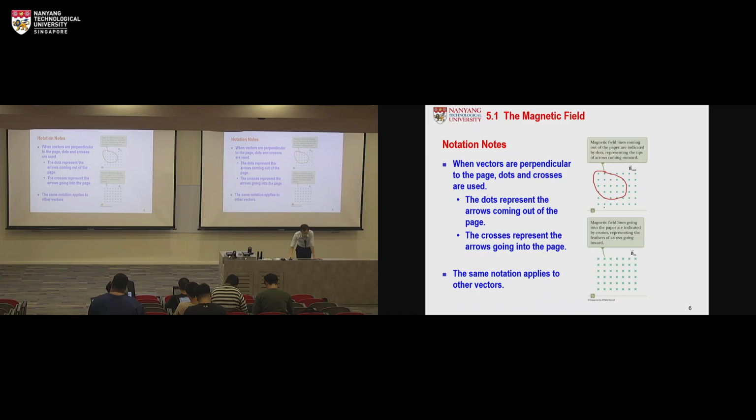If you see this array of crosses, it means a direction pointing into the page, also perpendicular to the page. This is just a convention we all follow, again, no physics reason. Dots mean pointing out of the page. Crosses mean pointing into the page.